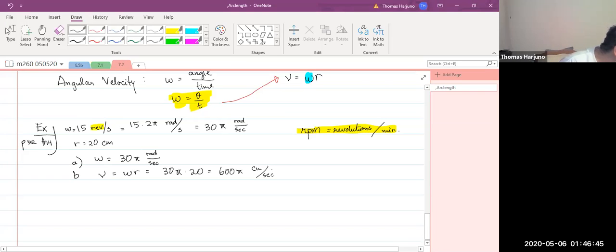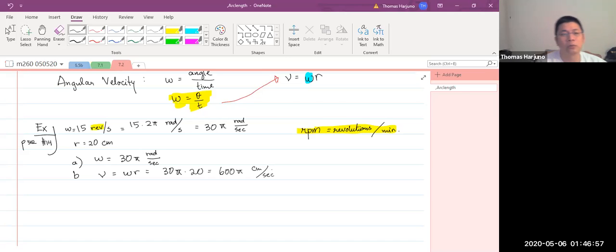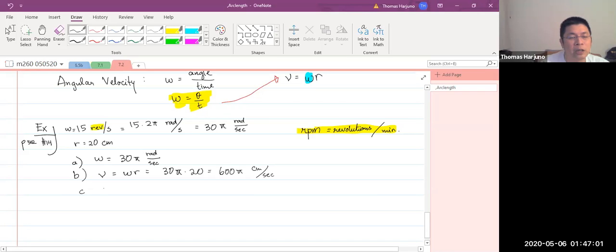Part C, of a point halfway between the center and the circumference. So for part C, what is the linear speed if the radius is 1/2?